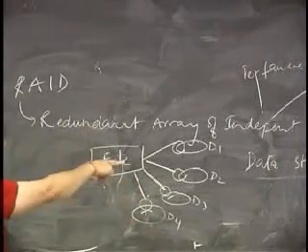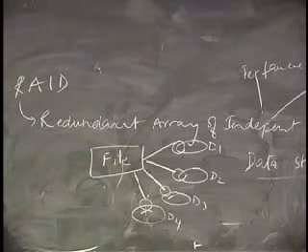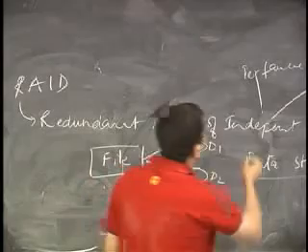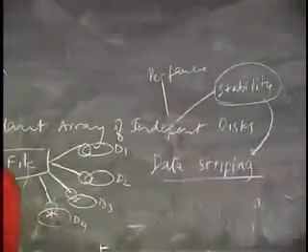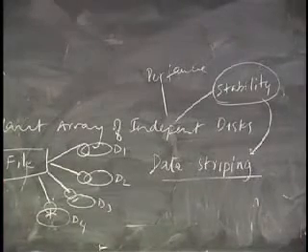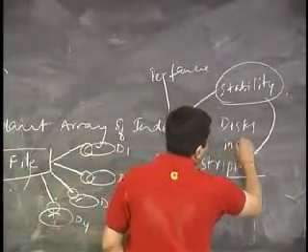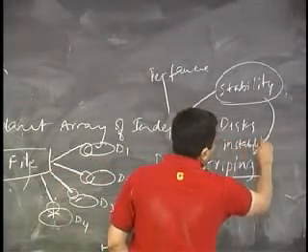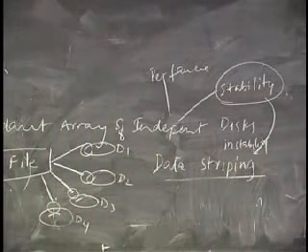Now, okay. So we did say data striping, and we divided the data. So now what we introduced was this. We have introduced an inherent instability in our system. So how do you then take care of that?